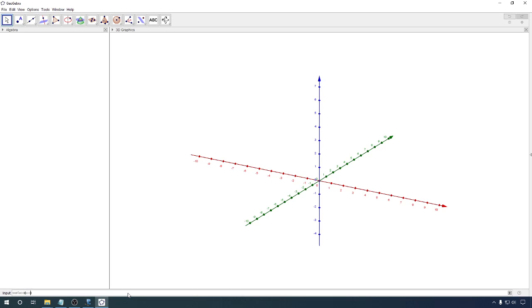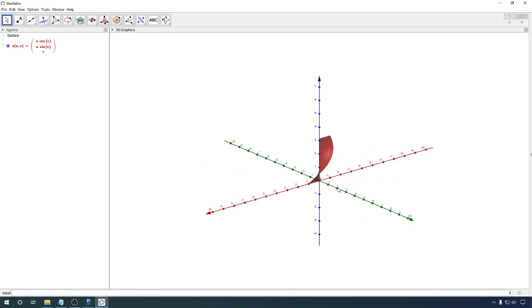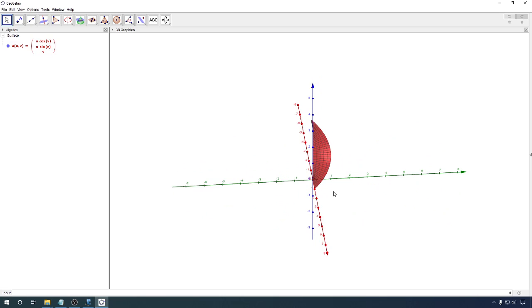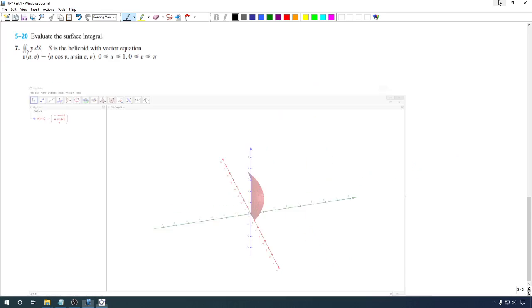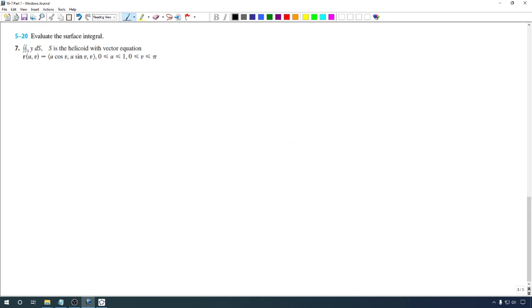So this was u cosine v, u sine v, v, where u goes from 0 to 1, v goes from 0 to pi, and we have this surface here. We want to integrate y over that surface.